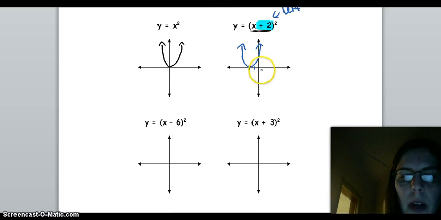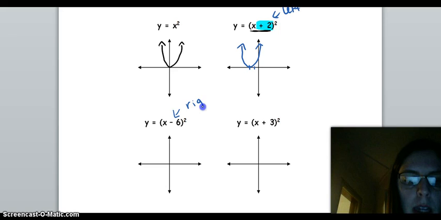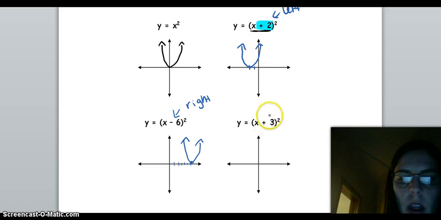So this one I'm going to move now, since it's a negative, I'm going to move it to the right 6 places. And you guessed it, this one's going to go left again 3 places. And that's what happens when you add a b to your equation.